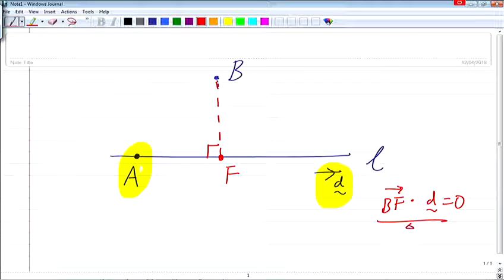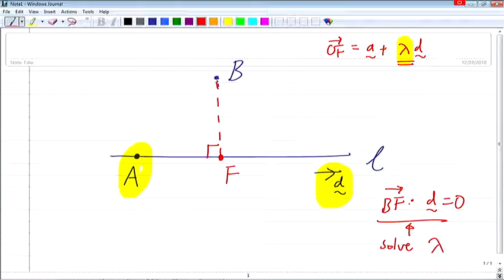This is the equation that we use to solve for lambda, because bear in mind that OF is actually A plus lambda D. This is the variable that you are supposed to solve when it comes to equation of a line. So this is the equation for you to solve lambda so that you can find the position vector of the point F. This is the standard procedure: make use of BF dot D equals 0.